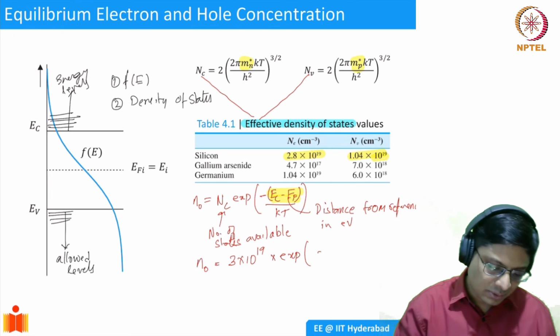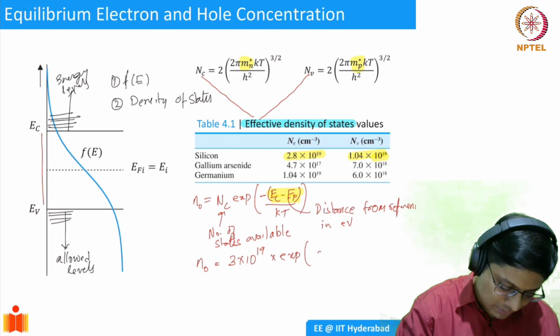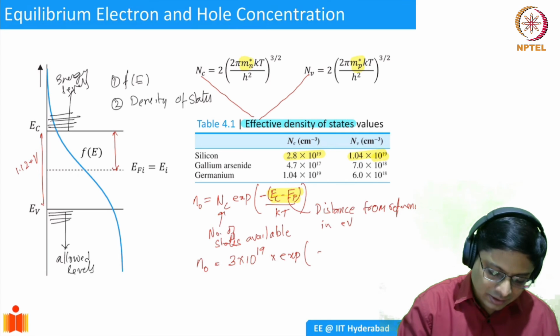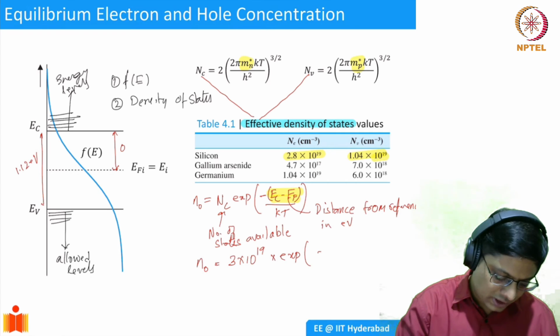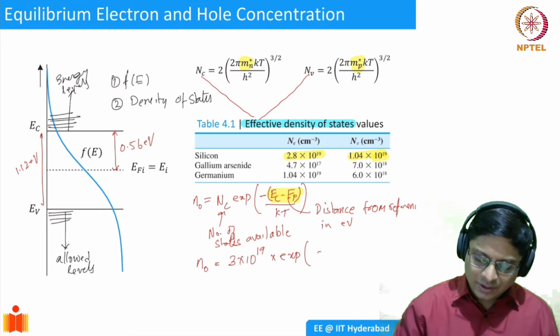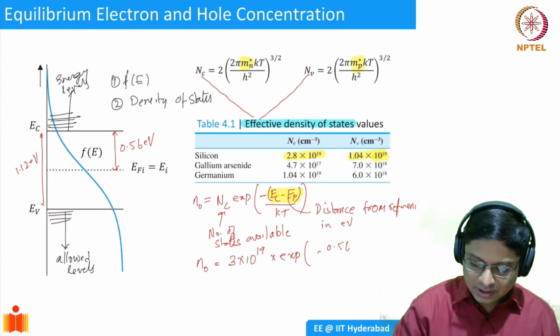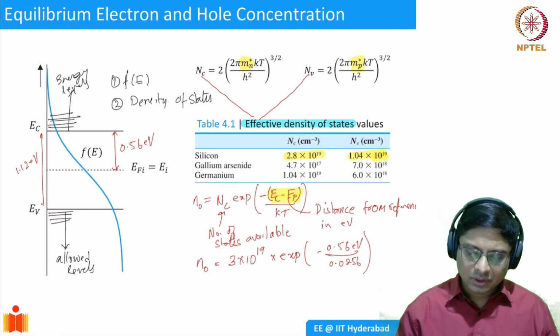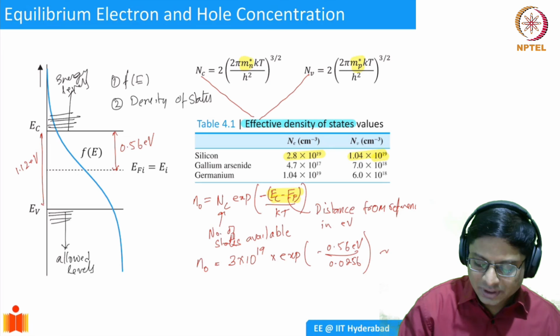EG in this case is 1.12 eV, and the distance between EC and EI is 0.56 eV. So N0 is exponential of minus 0.56 eV divided by 0.0256, that's the KT in eV units. If you calculate this, it will be something in the order of 10 power 10 per centimeter cube.